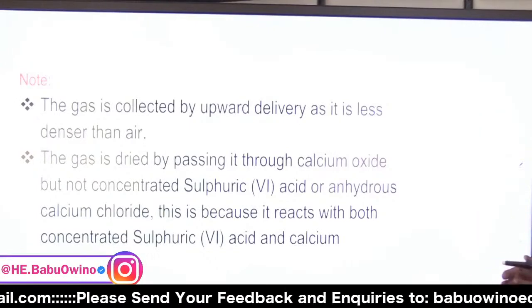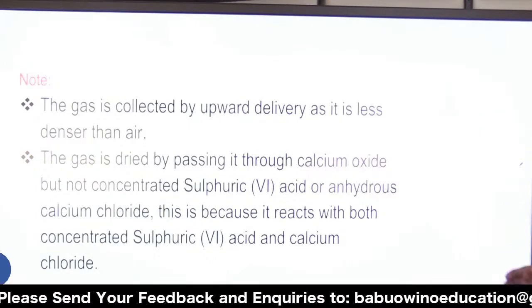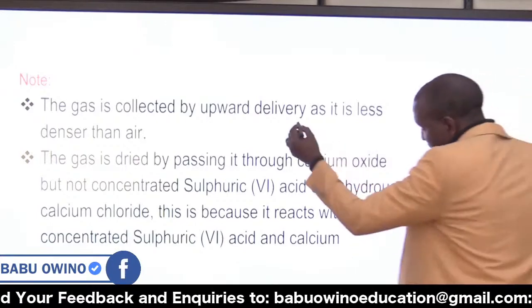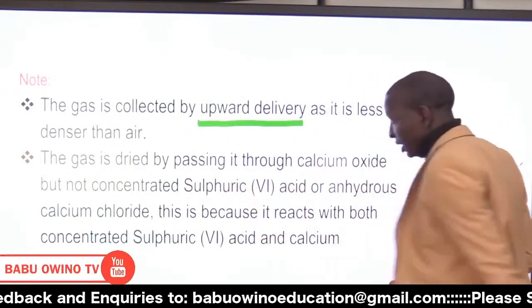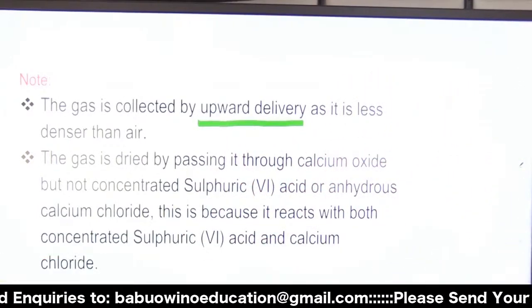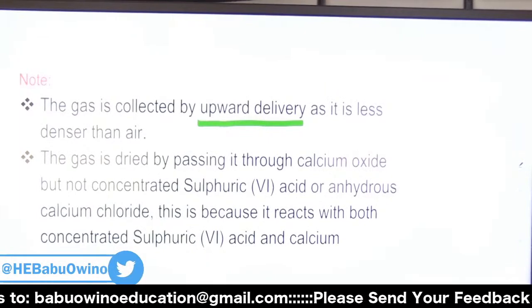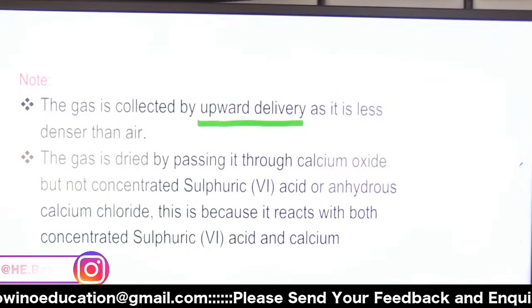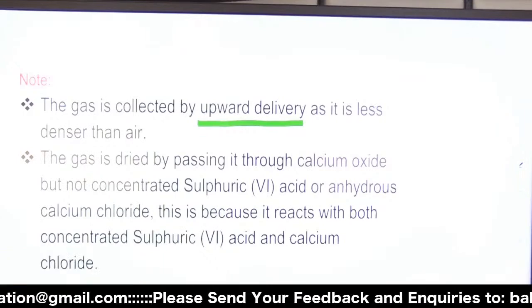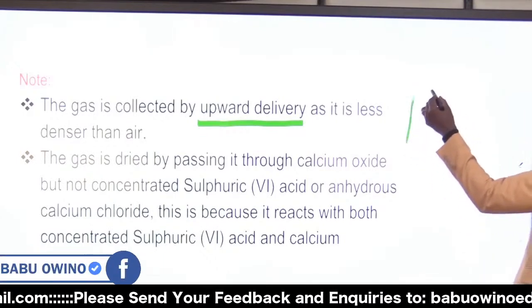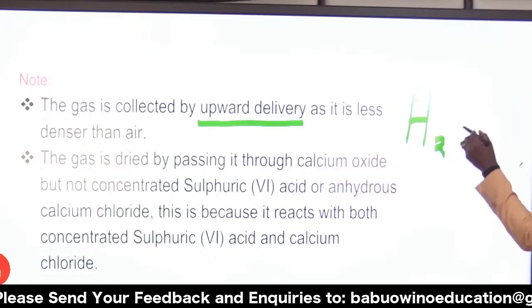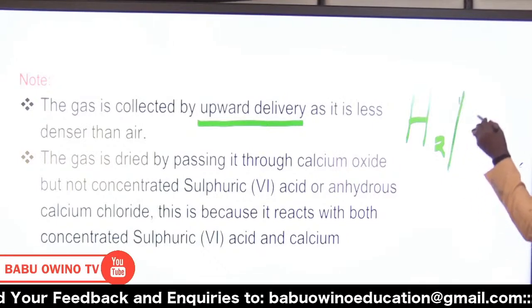Again, an important point to note, the gas is collected by upward delivery. It is less dense than air. There are very few gases that are collected by upward delivery, and that is mostly hydrogen and ammonia.